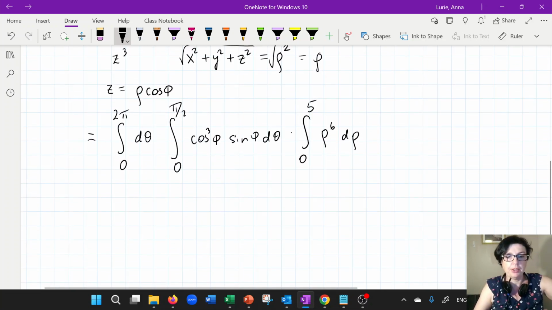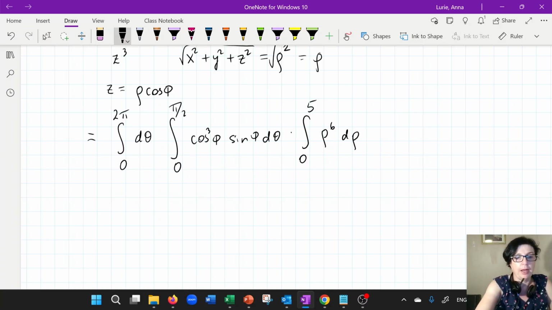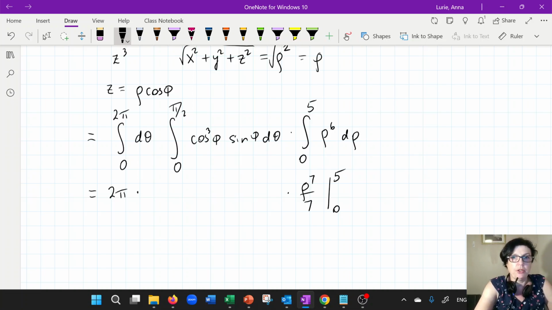The hardest integral here would be the inside one. The other ones are very easy. The first one will just be 2 pi. The last one will become rho to the 7 over 7, and then we substitute 0 and 5. Now, how do we handle this kind of integral? This is a trigonometric integral with odd powers, and usually this is handled by substitution. I will use the substitution u equals cosine phi. Then du becomes negative sine phi d phi.